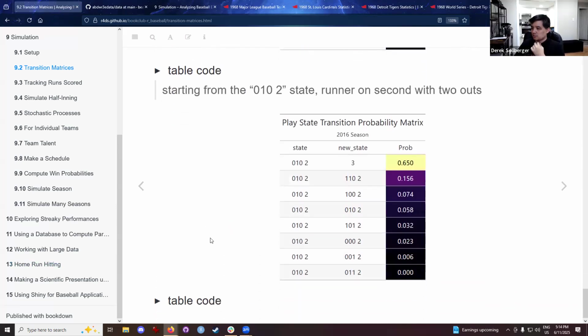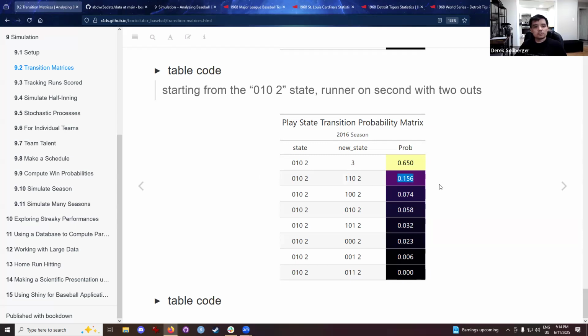Looking at another example, just to continue getting used to thinking about this data, we have a base runner on second base, two outs, which, by the way, might be more likely to happen these days with the extra inning ghost runner rules. From that situation, base runner on second, two outs, the most probable is, of course, just ending up with three outs. What might be of interest is the second most probable is now having an additional runner on first base.